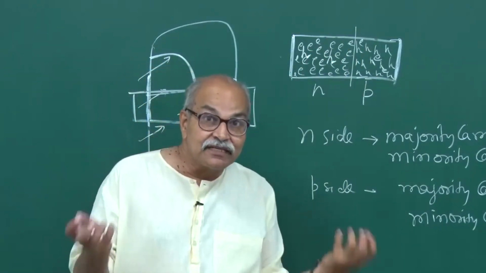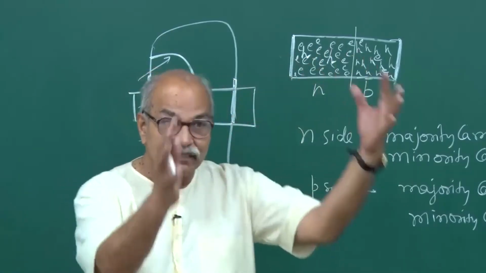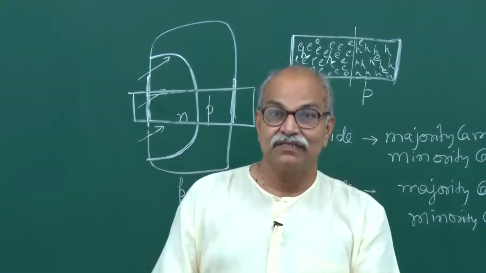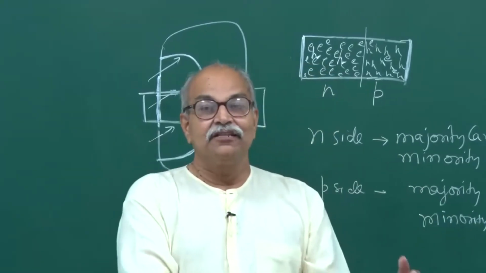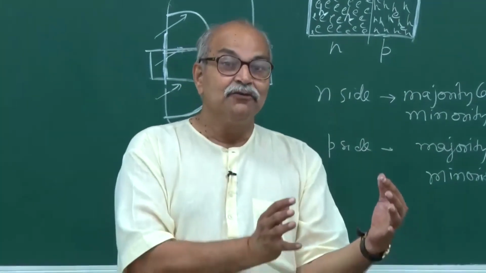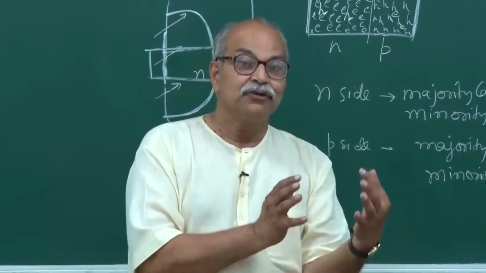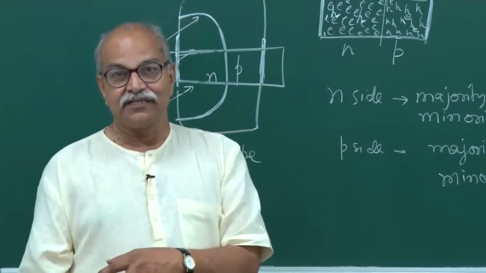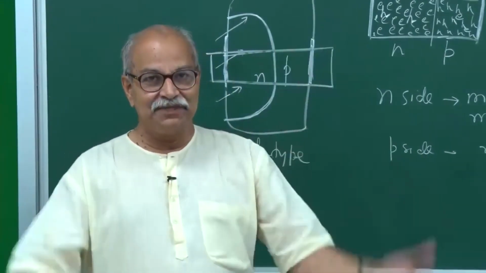So if you have a concentration gradient, with a large concentration of electrons here and a very small concentration of electrons here, naturally there will be a systematic flow of electrons from the higher concentration side to the lower concentration side. It's a law of nature.